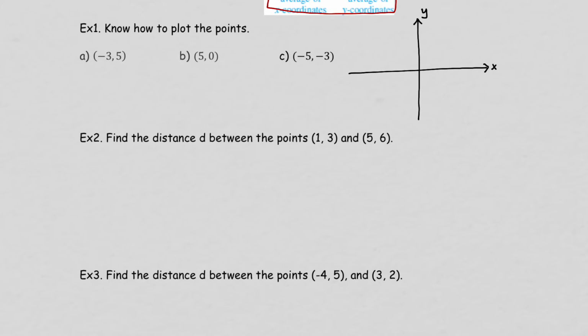The first one is asking you to plot -3 with 5. That's going to be finding -3 on the side and 5 going up and down. From the origin, a negative number is going left. Positive 5 means going up.